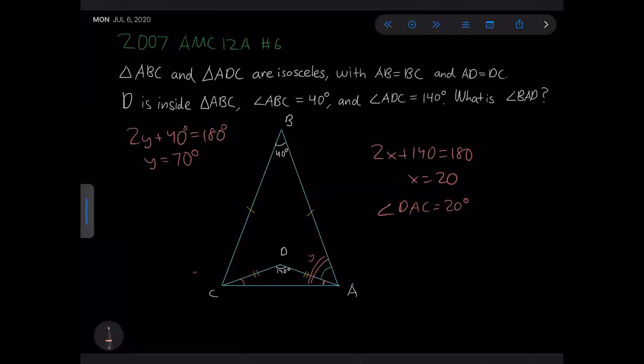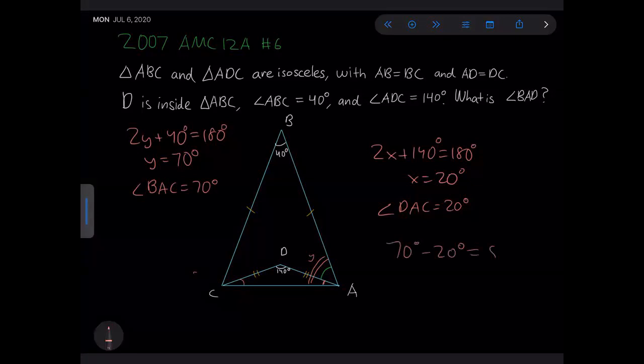Let's add some things here. So angle BAC is equal to 70 degrees. And we're looking for angle BAC minus angle DAC. So 70 minus 20 is equal to 50 degrees.